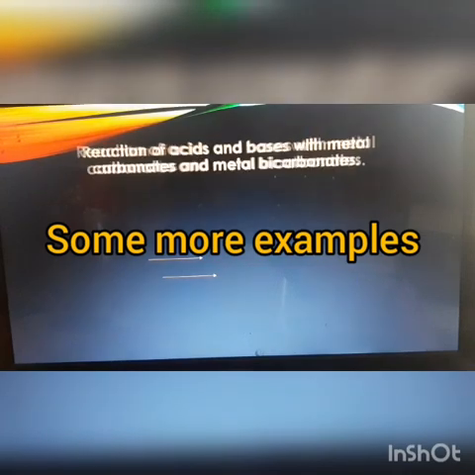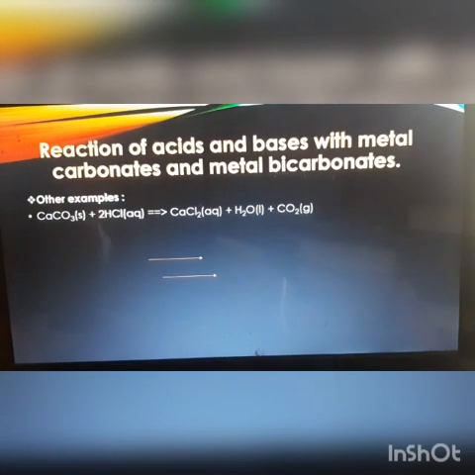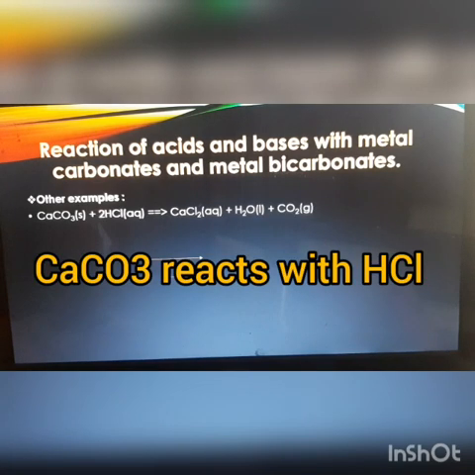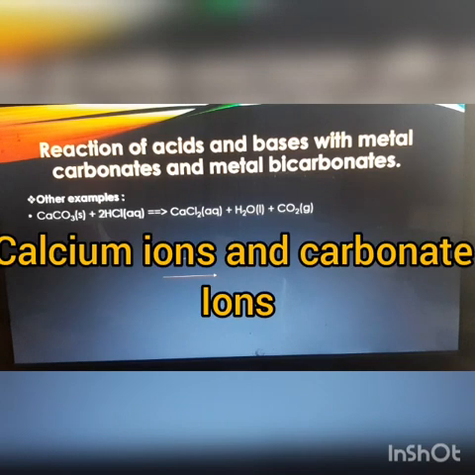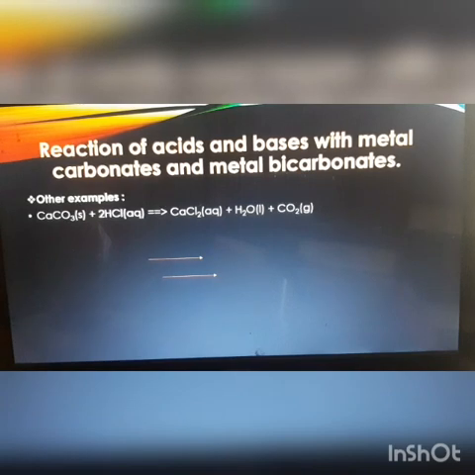So we can see some more examples of such. We can take the example of calcium carbonate reacting with hydrochloric acid. Again, calcium and carbonate ions will split, and H plus and chloride ions in the HCl will split out. Now there is an exchange of ions.